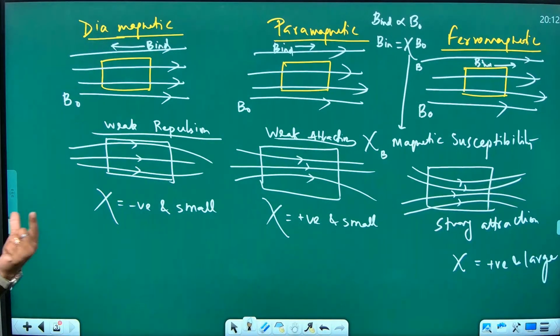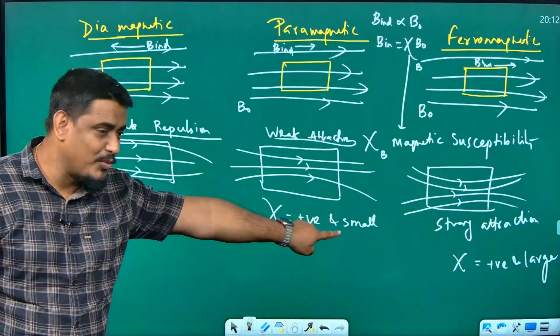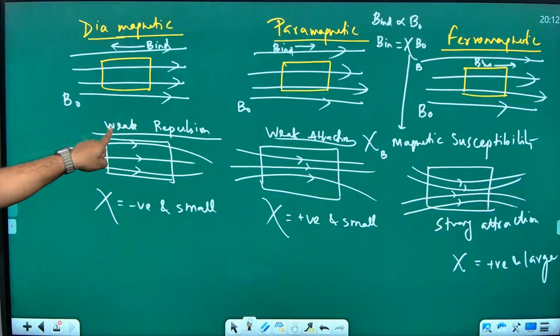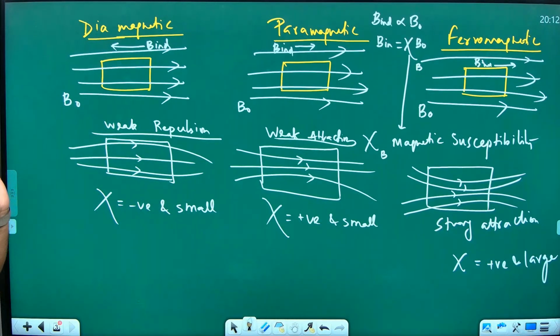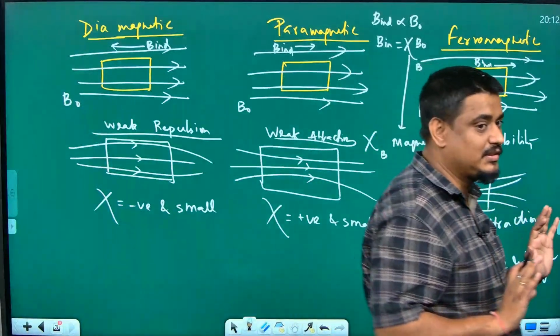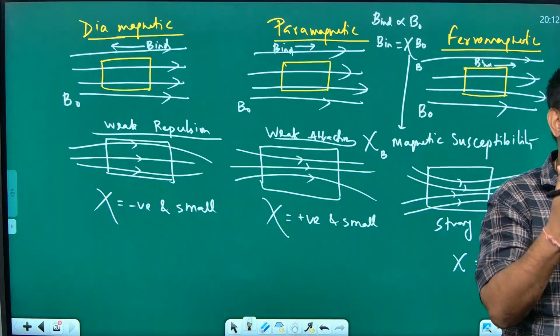The word attracted means positive. The word strongly means large. Weak means small. Attracted means positive. Weak means small. Repulsion means negative. A direct question comes from here in the board examination. They will draw a diagram and ask how chi will be for this.